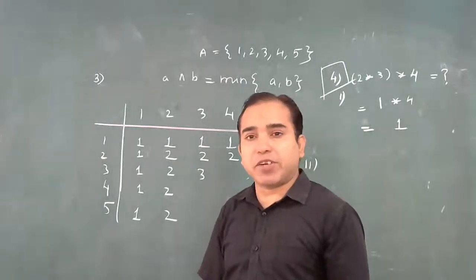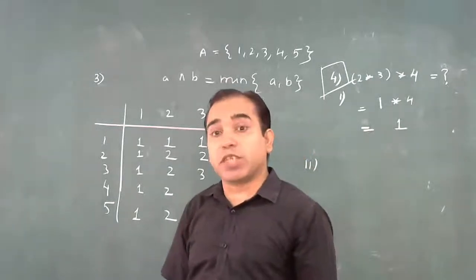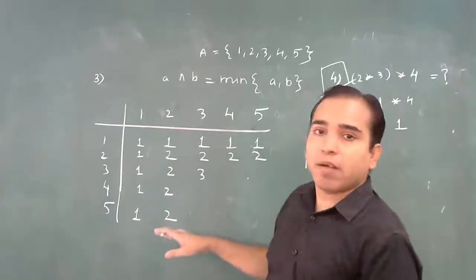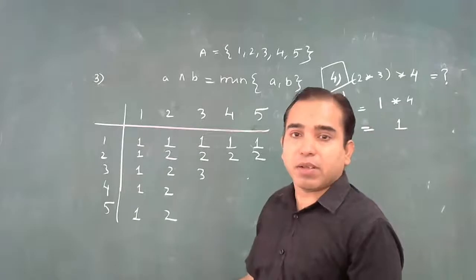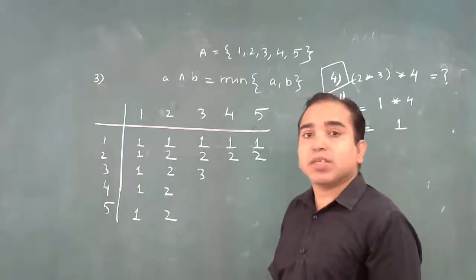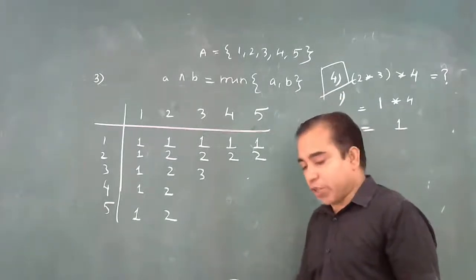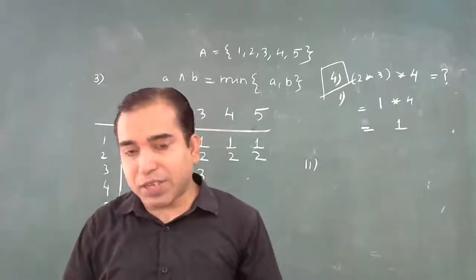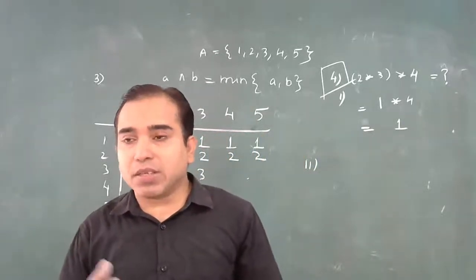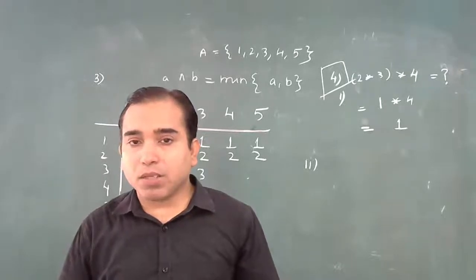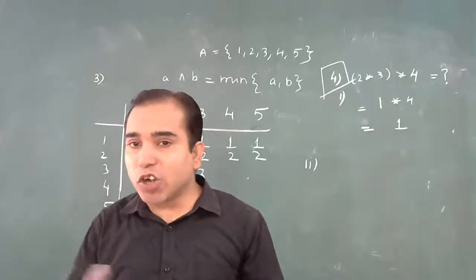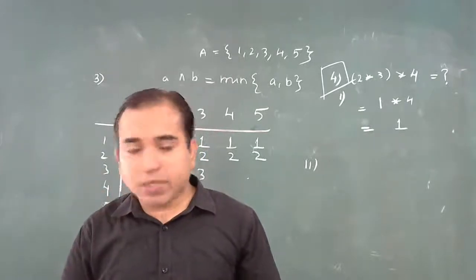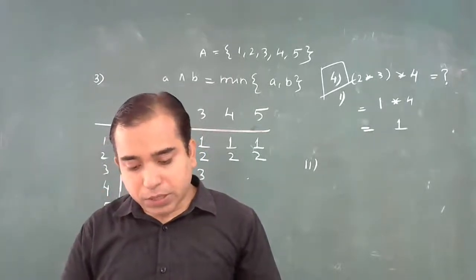If you remember, in matrices we discussed the concept of transpose of a matrix. So if you take the transpose of this table, you should get the same table. Then the operation will be commutative. So you can check whether the table given in this question is symmetric or not. Rows and columns are identical or not. You can check, and accordingly you can write your answer that this is commutative, isn't it?